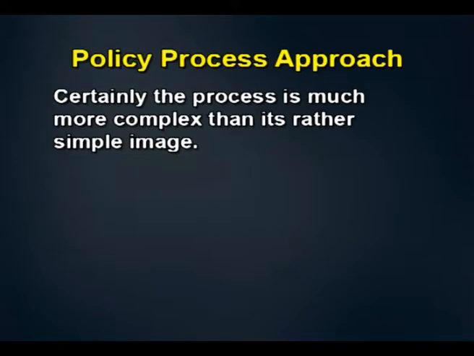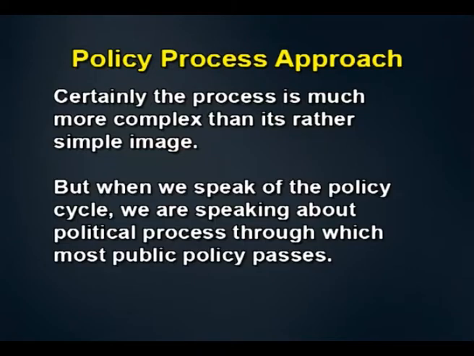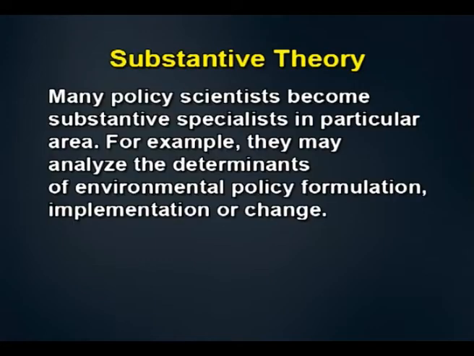Certainly, the process is much more complex than its rather simple image. But when we speak of the policy cycle, we are speaking about the political process through which most public policy passes.